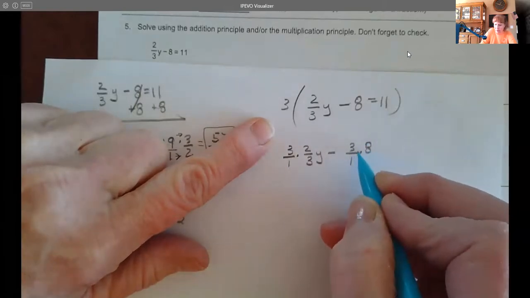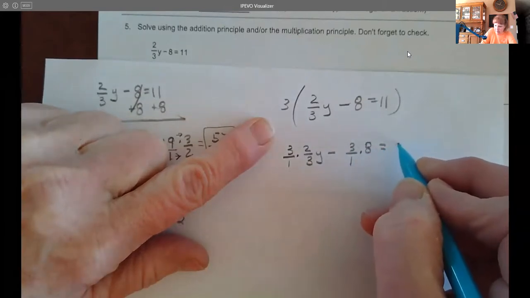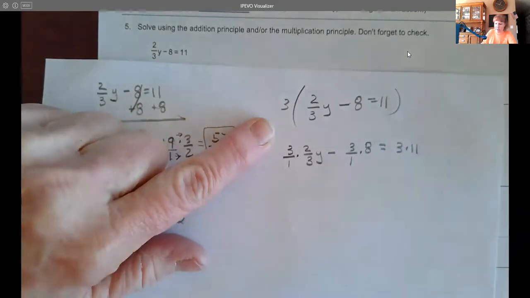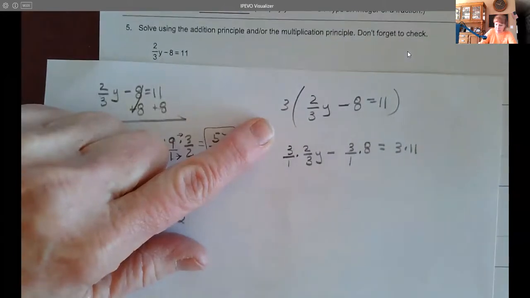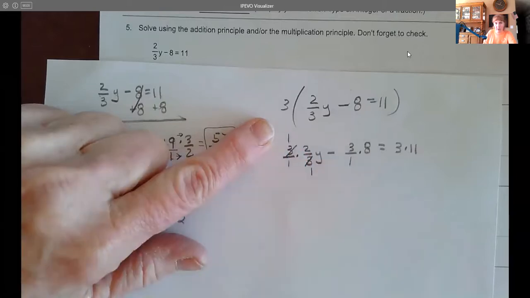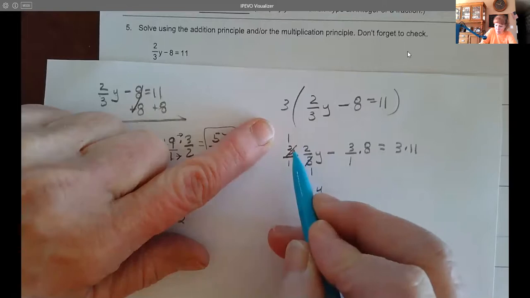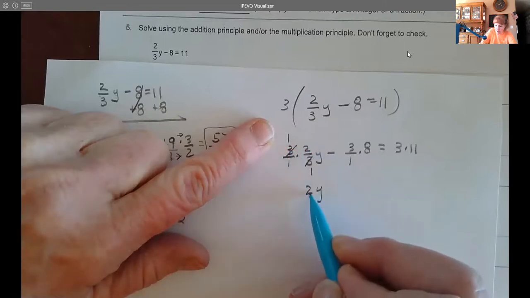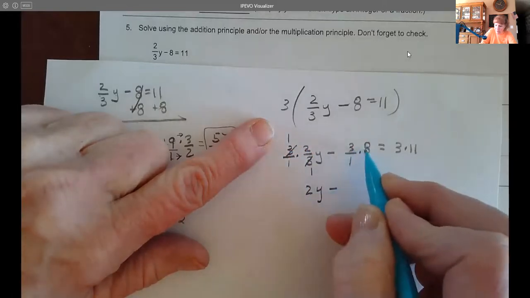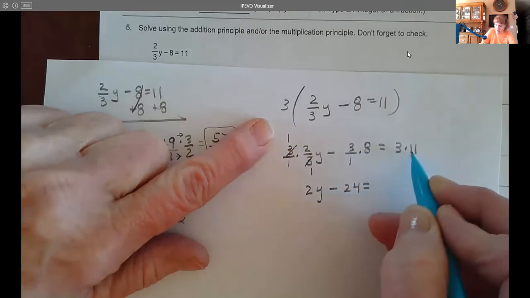Since that's just a whole number, you probably didn't need that one, but it's there, so I'm going to leave it. And then 3 times 11. So I'm just taking 3 times every term. Here they cancel because 3 goes into here once, 3 goes into here once. So we're going to solve 2y. 1 times 2 is 2y. 24, 3 times 8, 3 times 11.